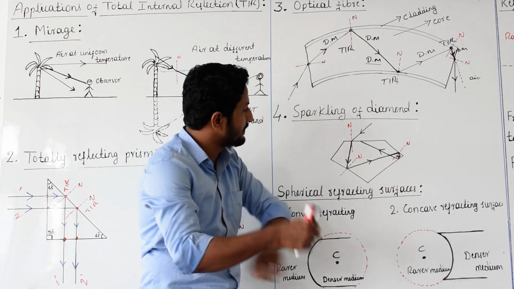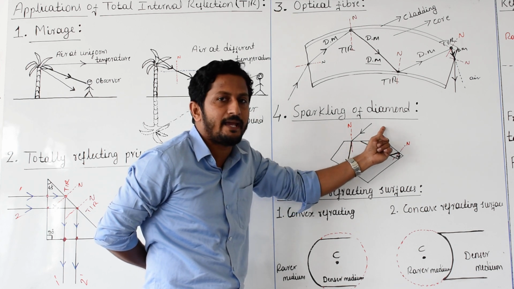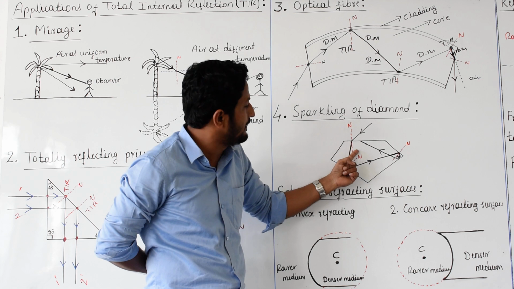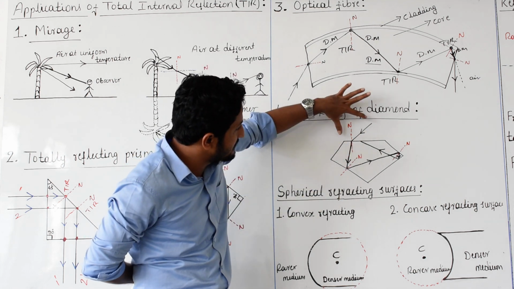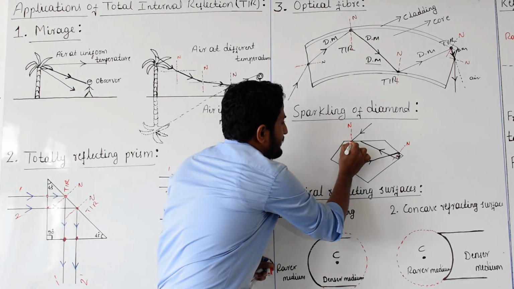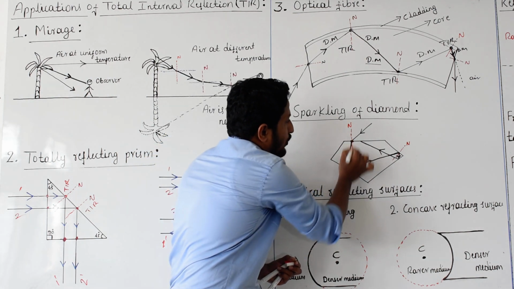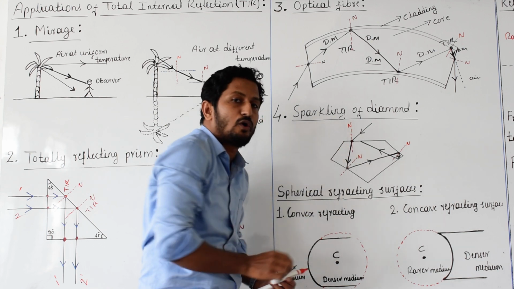Now you see here. This light is coming from air and entering into this diamond medium, moving from rarer to denser. This light ray got incident at this point. To that point, I have drawn one normal. This red colored line indicates the normal.